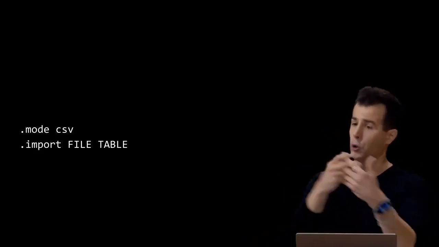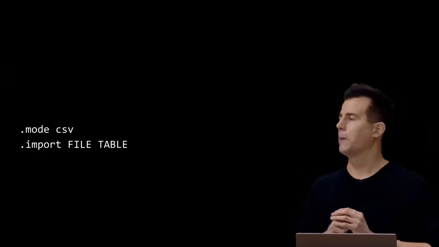I'm going to first put SQLite into CSV mode because I'm going to cut some corners initially. And I'm just going to automatically import all of the data that was submitted via that Google form, which I exported as a CSV and uploaded to my code space. And I'm just going to automatically say, turn this CSV file into a SQL database for me, just so I don't have to figure out what those create table commands are.